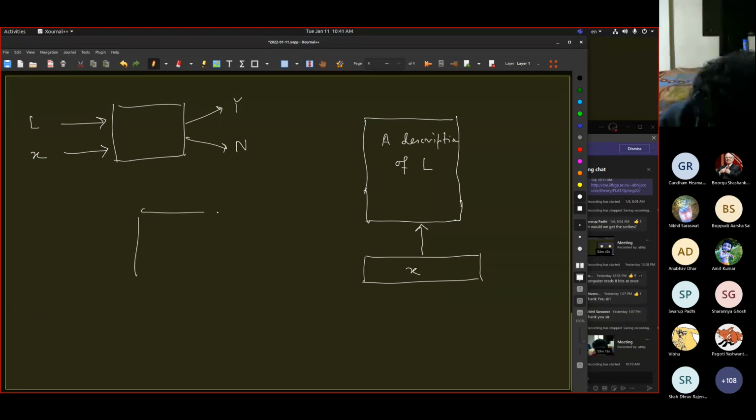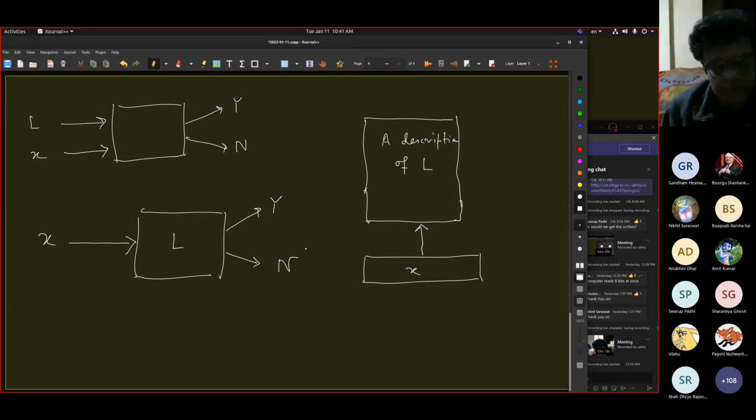So the knowledge of L is now embedded in that machine. I am only supplying X, and this machine is giving output yes or no. So in other words, this machine can solve only one problem, the problem associated with L. Do you understand the difference between this and this?